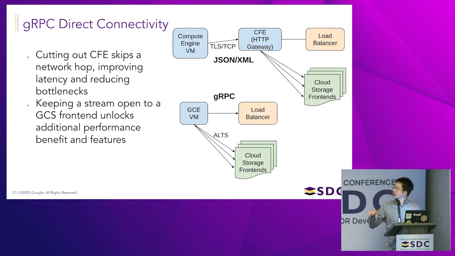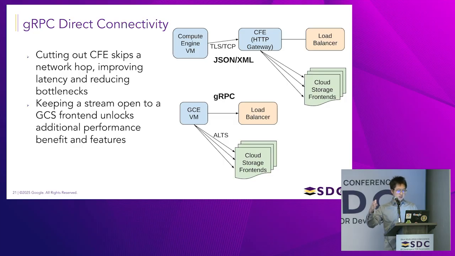I had mentioned that this allows us some additional advantages, both from an authentication as well as from a direct connectivity point of view. So within Google, when we want to serve HTTP API traffic, typically there is a fronting load balancer reverse proxy type service that we internally refer to as a CFE.